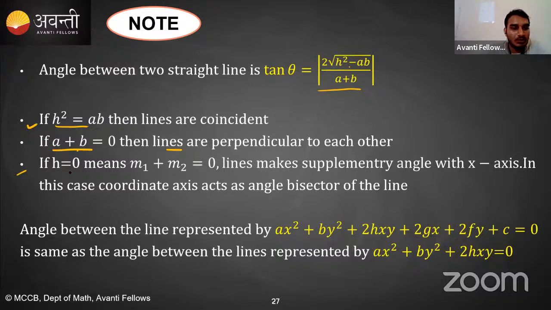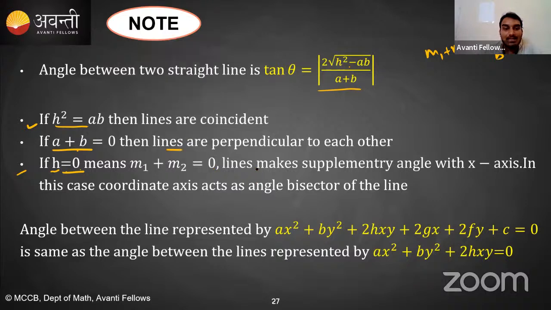Third point is, if h is equal to 0, it means the coefficient of xy is 0. m1 plus m2 was 2h upon b. If the coefficient of xy is 0, it means m1 plus m2 is 0.